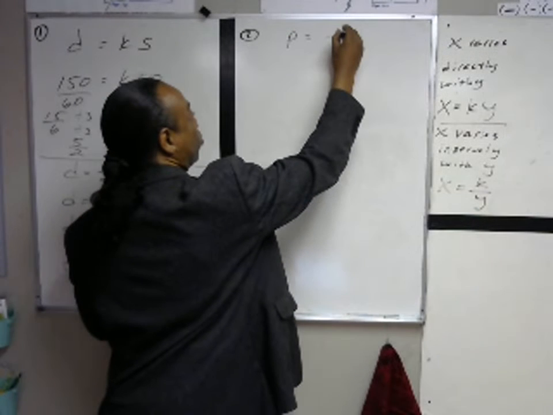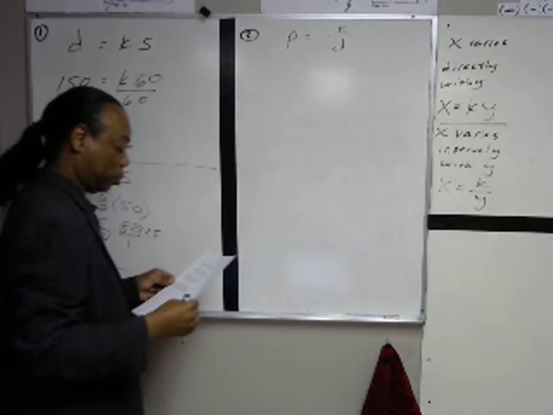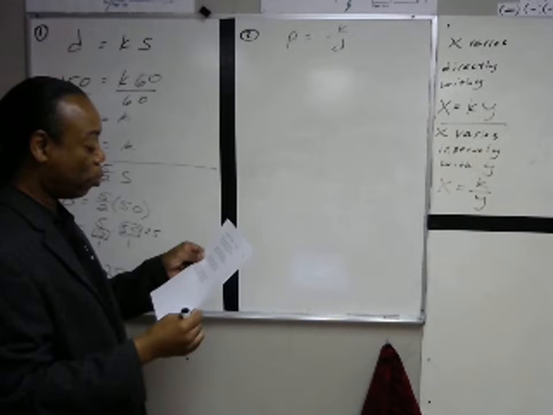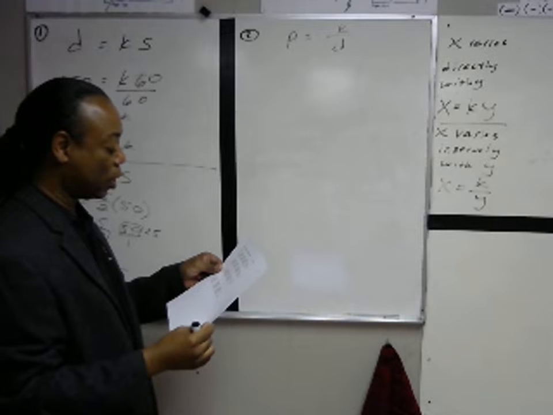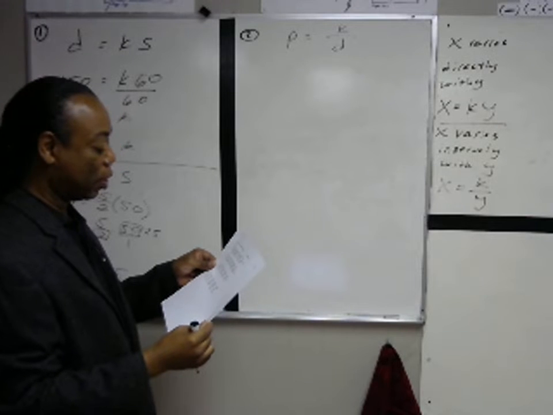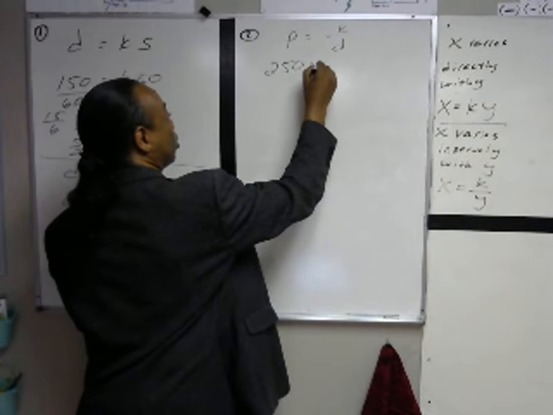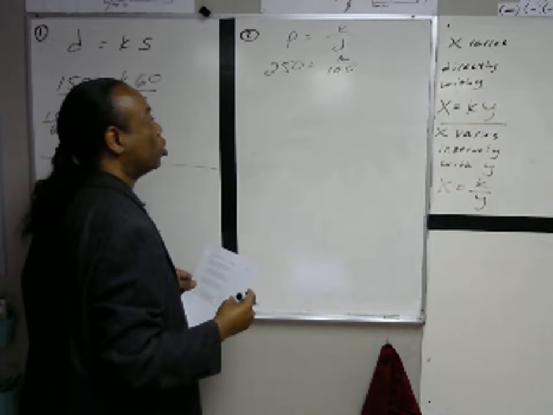Varies inversely with the demand would be K, our constant, over D for demand. So that's the inverse relationship. Furthermore, we're told that the price is $250 when demand is 100 orders. So let's put $250 for the price, and let's put 100 orders here.